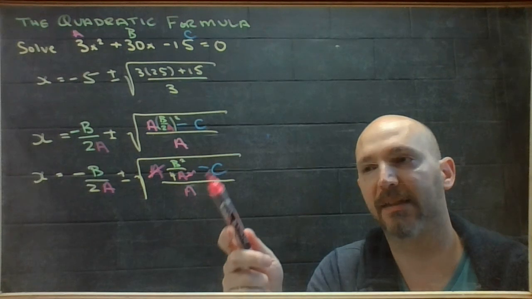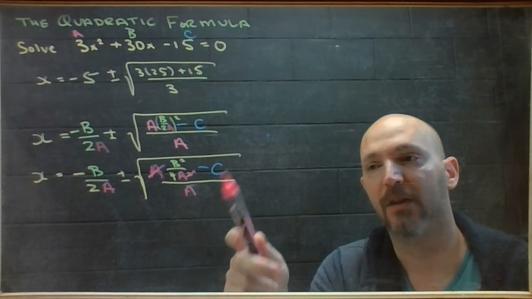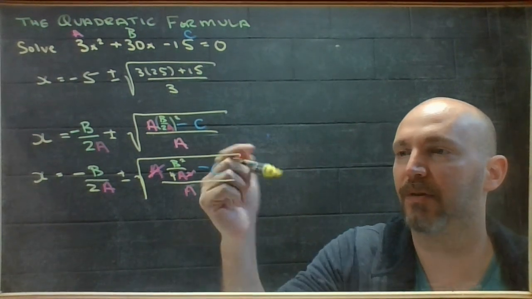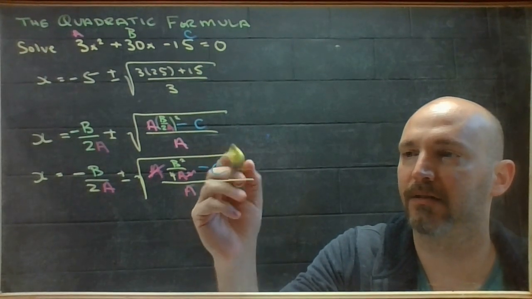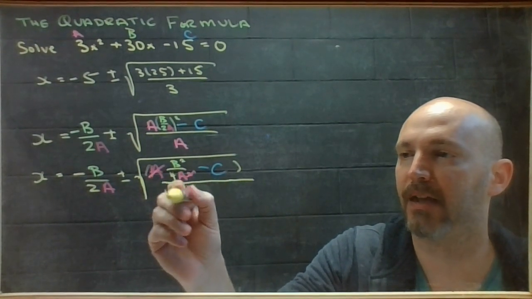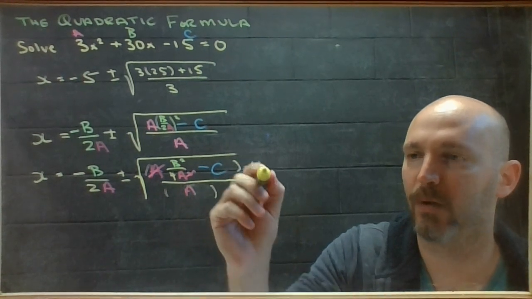And nobody likes a fraction in a fraction. So to fix that, I'm going to take this fraction here, and I'm going to multiply the top and the bottom by 4a.